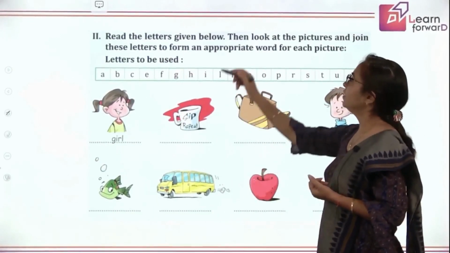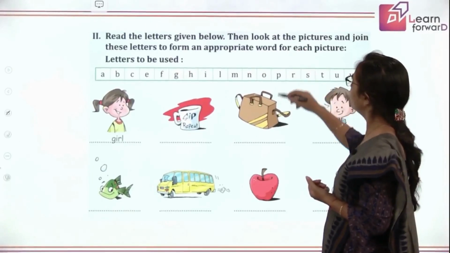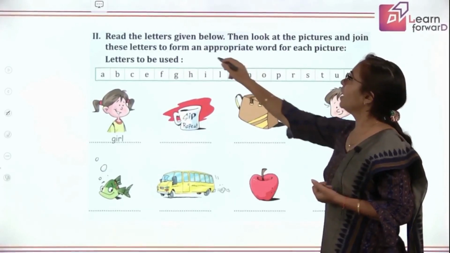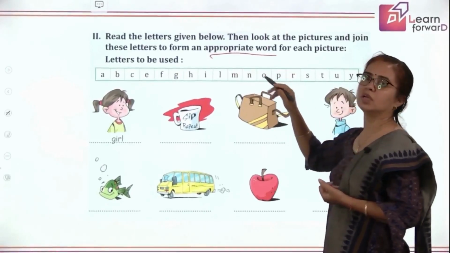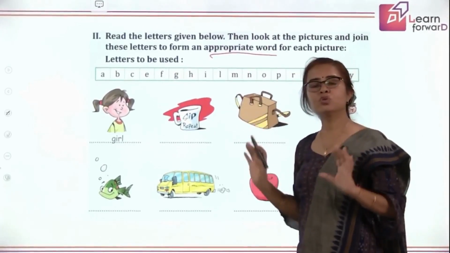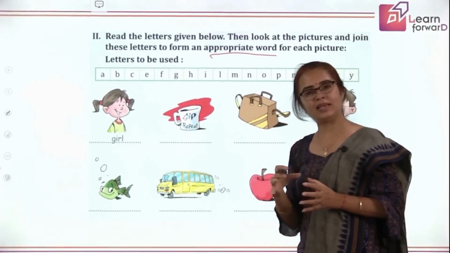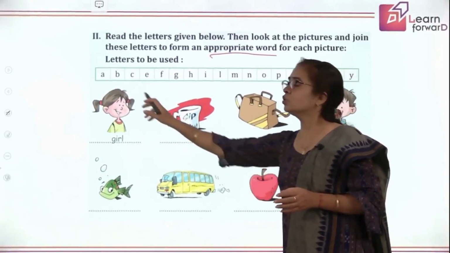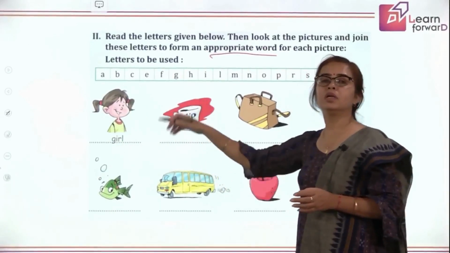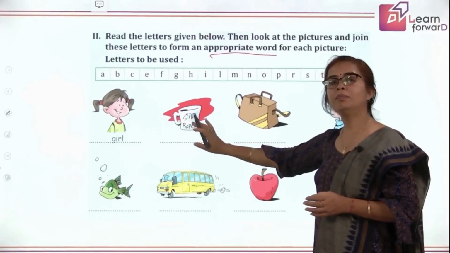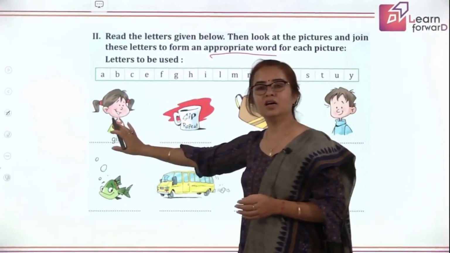Yes, read the letters given below, then look at the pictures and join these letters to form an appropriate word. So now we have given you so many letters here. You will just pick out only the letters that you need to spell out a particular word that represents the given picture. Just like this is a girl.